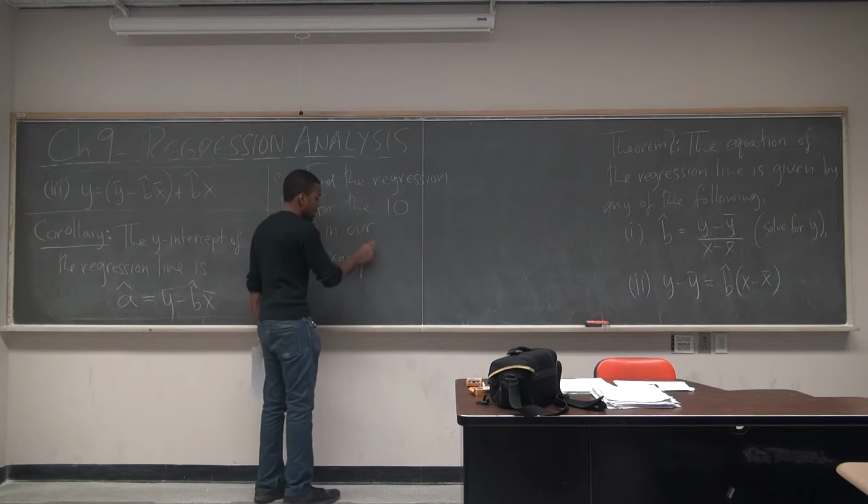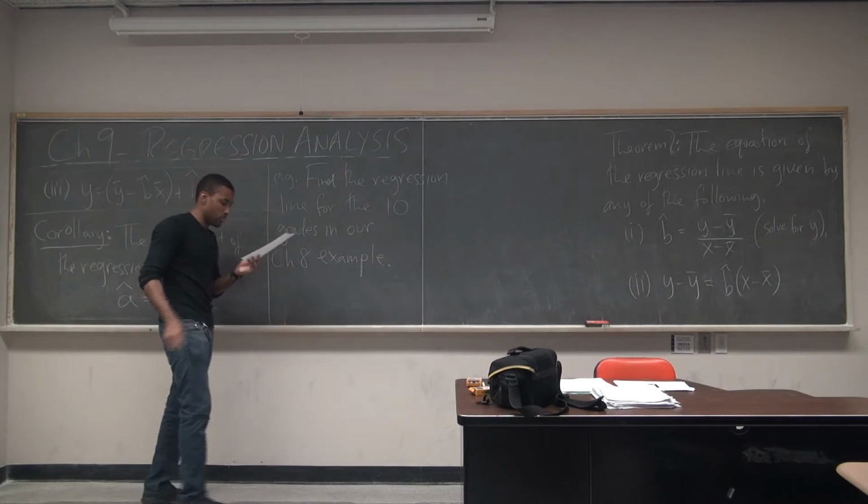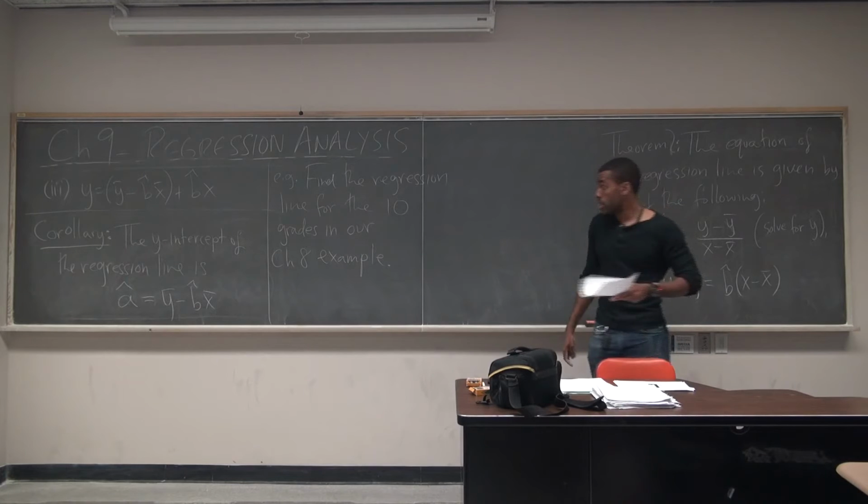So remember in chapter 8 I gave you a list of 10 pairs of grades for exam 1 and exam 2. So if you plot those on a scatter plot, I actually want you to find the regression line.